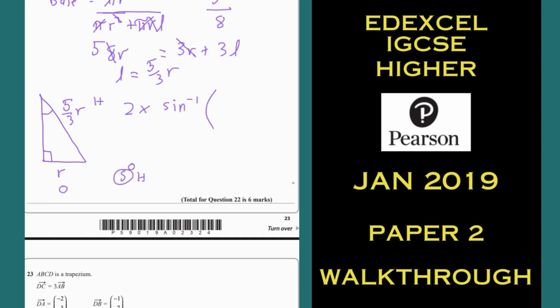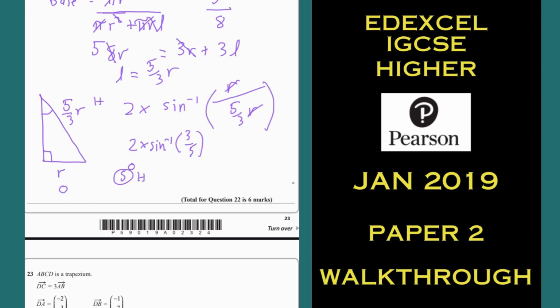It's opposite, r, divided by hypotenuse, 5/3 r. And here's the magic. The r's cancel, so you should just be inverse sining, well, it's 1 over 5/3. It's the reciprocal. And there we go.